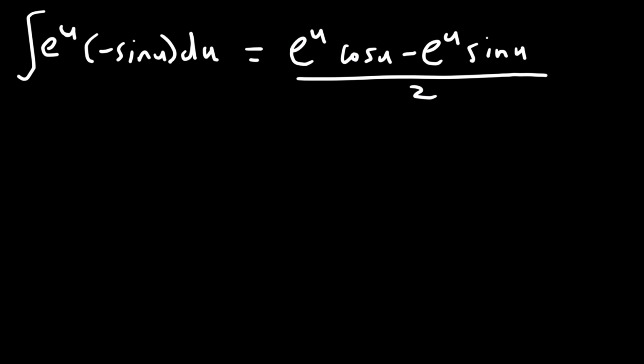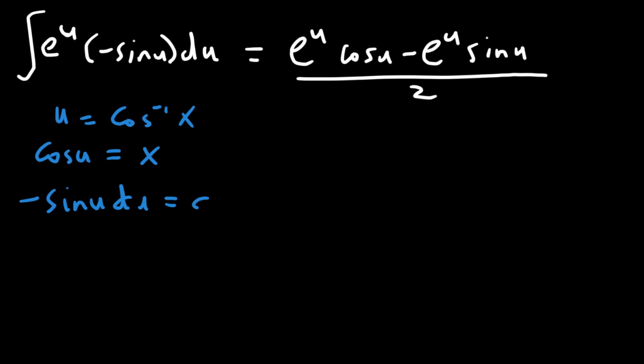Now if you remember, at the beginning we set u to be equal to cos inverse of x, and after we got cos u equaling x, and when we differentiated this we got negative sine u du equaling dx. This means that our integral will become the integral.